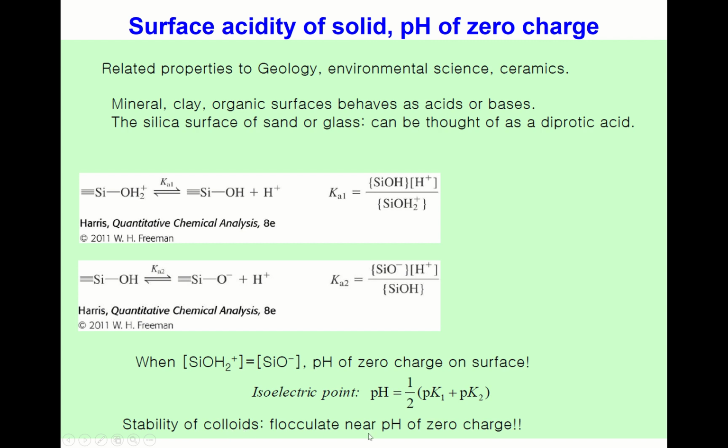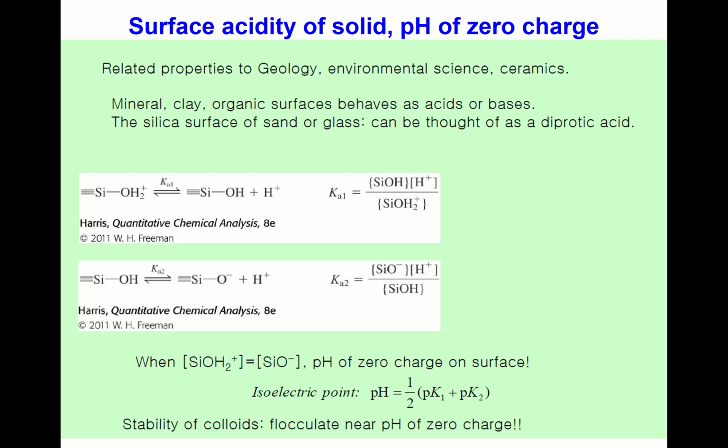A colloid is a nanoparticle whose particle size is between 1 nanometer and about 500 nanometers. Someone says maybe it extends to 1 micrometer. Those particles are called colloids. So in today's term, they are nanoparticles.